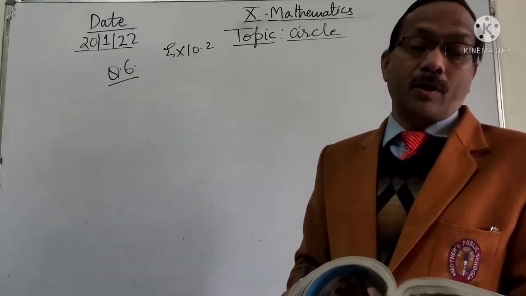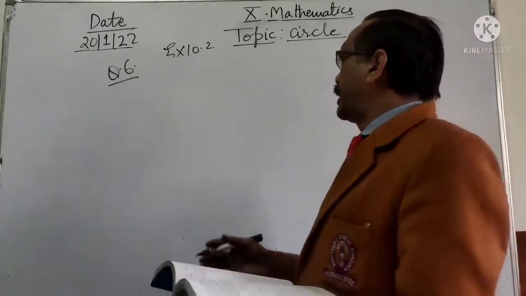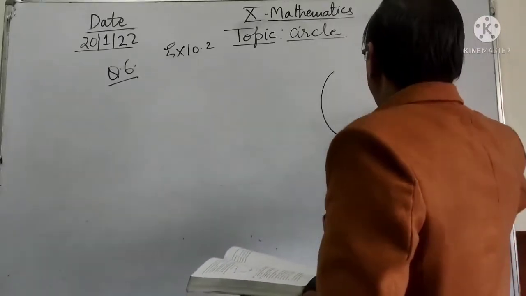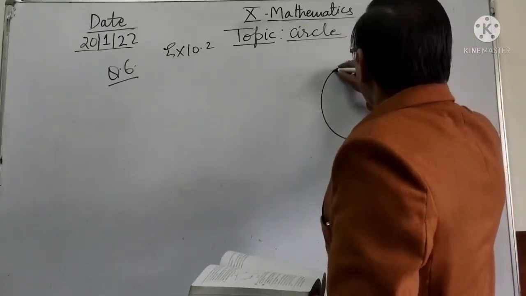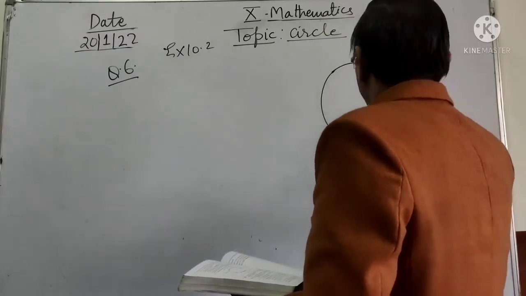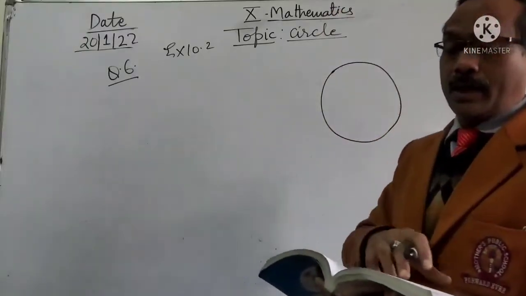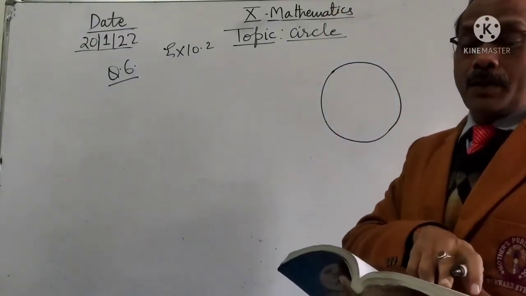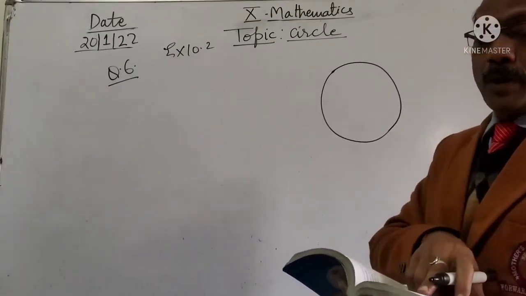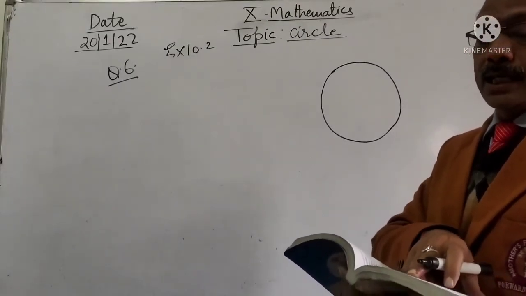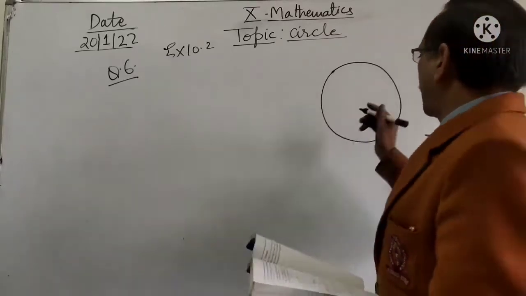Find the radius of the circle. Dear students, there is a circle and the length of the tangent from a point at a distance of 5 cm from the center.